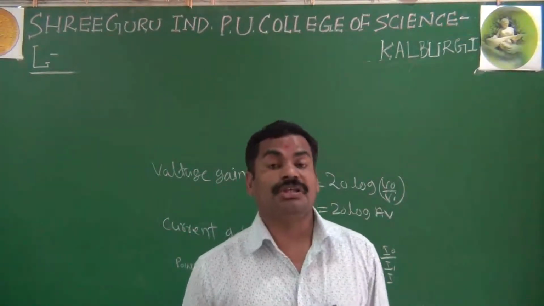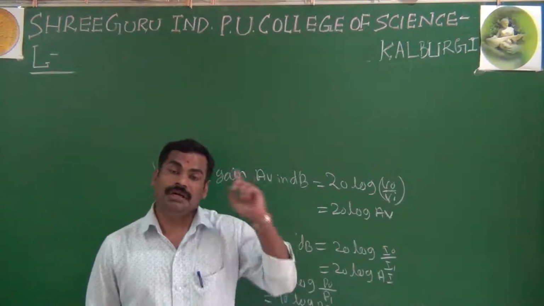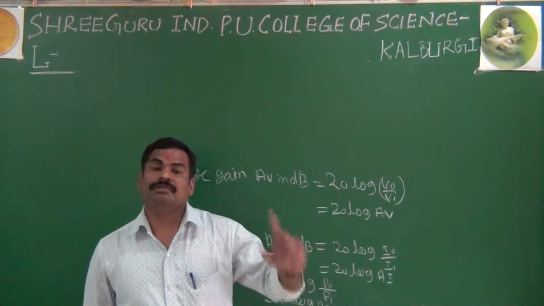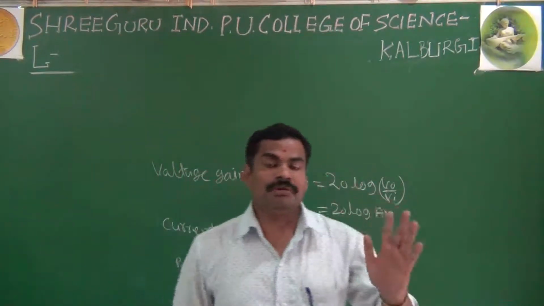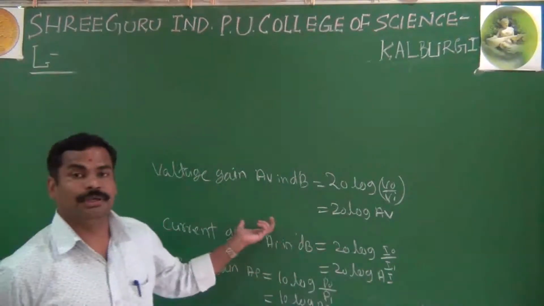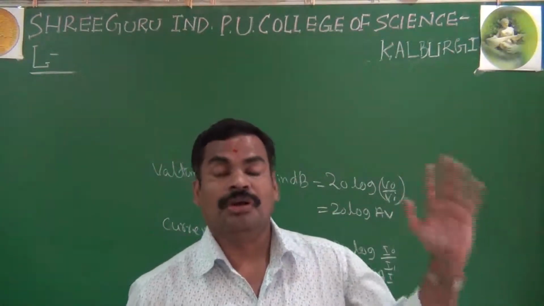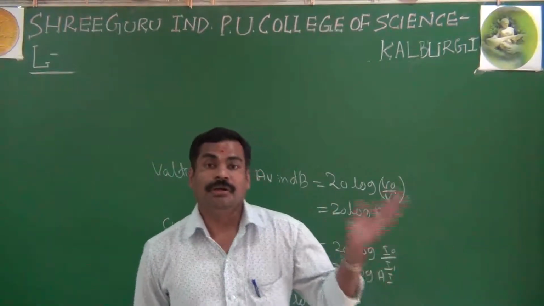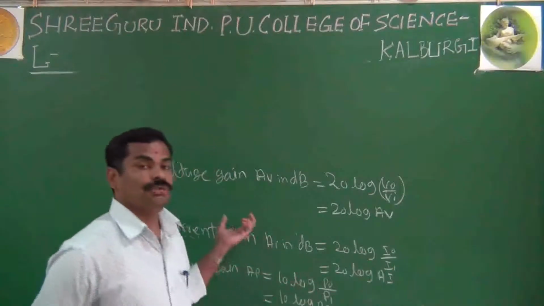Also in an amplifier, you can measure the attenuation, how much the signal is attenuated. That attenuation of the signal you can also measure by using dBs. If you are measuring the gain of an amplifier, we are using the unit called dB. If you are measuring another parameter, it may be attenuation, how much the output is attenuated. That is also possible by using dBs.